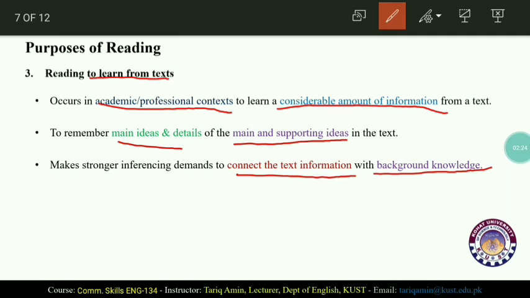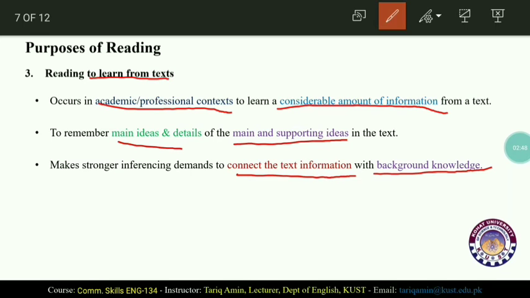Now we all have some background knowledge about Quaid-e-Azam Muhammad Ali Jinnah, Allama Muhammad Iqbal, and Kohat University of Science and Technology, Kohat. When we read something about them, we already have some background knowledge about it.